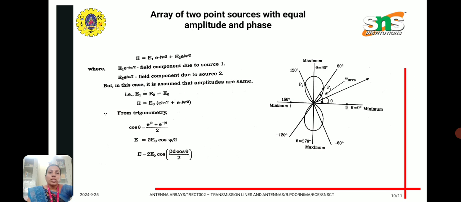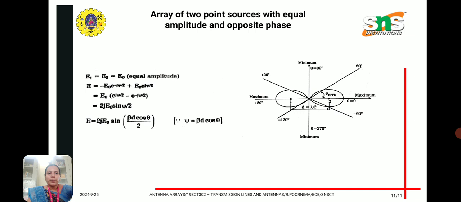It is also given by 2 E0 cos of beta d cos theta by 2, where the path difference is taken. For this field, we can draw the radiation pattern using maxima and minima, in which we get the maximum along the perpendicular direction, at 90 degrees and 270 degrees, and minimum along 0 degrees and 180 degrees. So this is the broadside array radiation pattern, which is bidirectional.